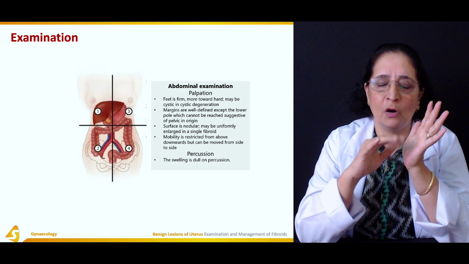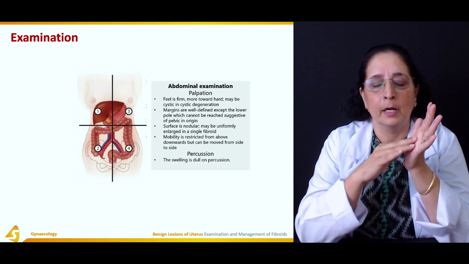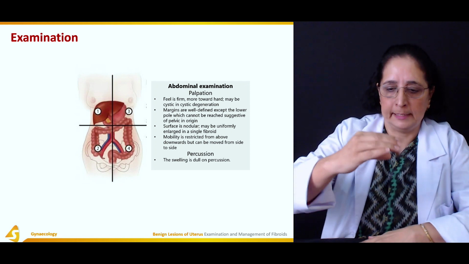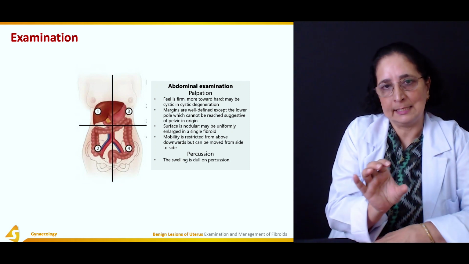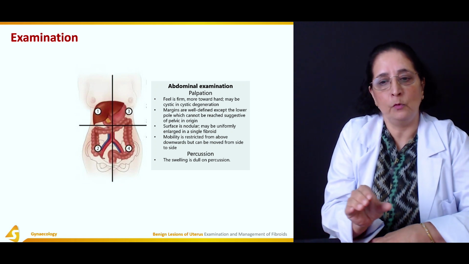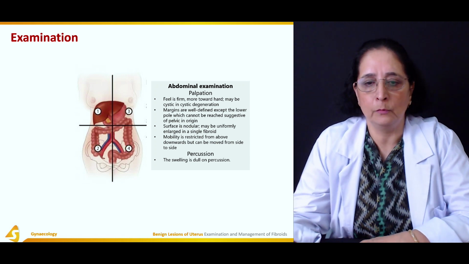You feel the nodules, different nodules, while feeling the fibroid. Movement from above downward is restricted, but side to side, that's how you move, side to side. Side to side movement is good. It can be moved well.